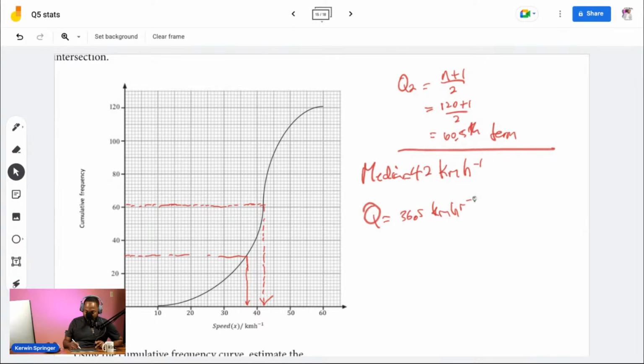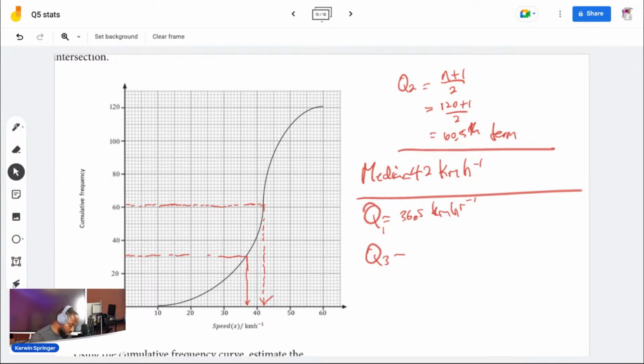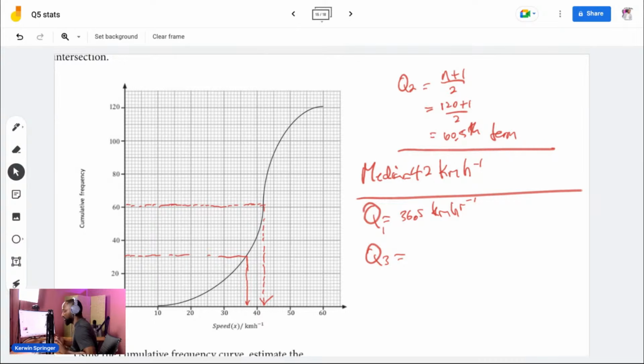Same idea. I just kind of skip out some of the points. Q1 and Q3, same thing, 120. But you're using the other formula, 3/4 of n plus 1. And what you're going to get is 90.75 or something like that. And you just swing across, hit that line full speed, and then come down.